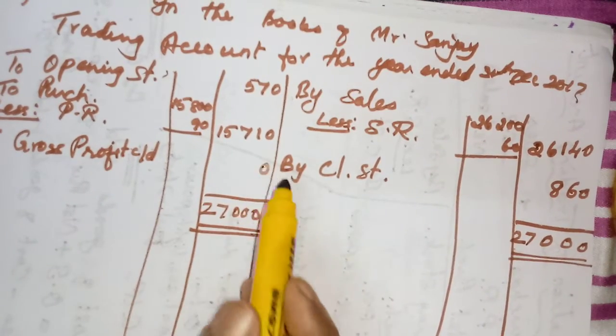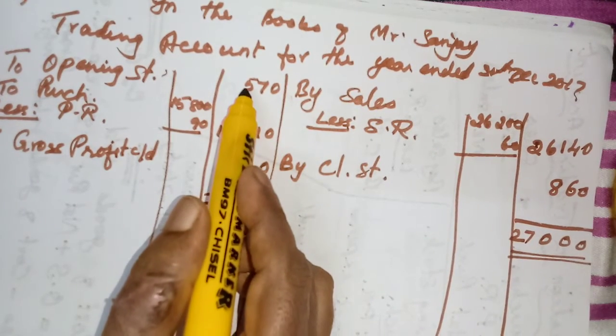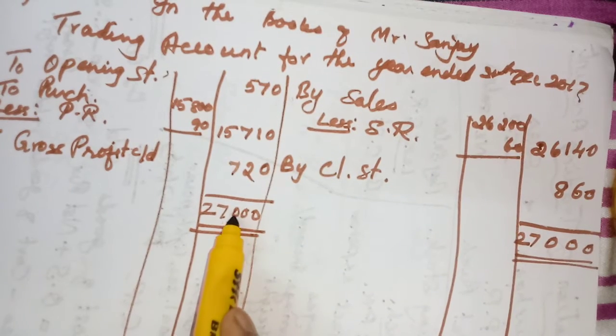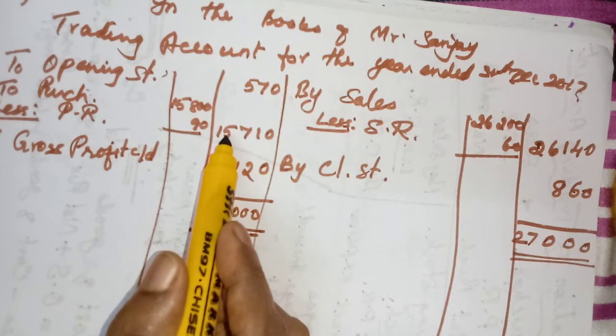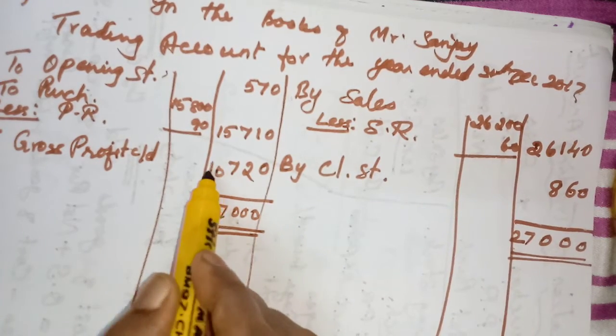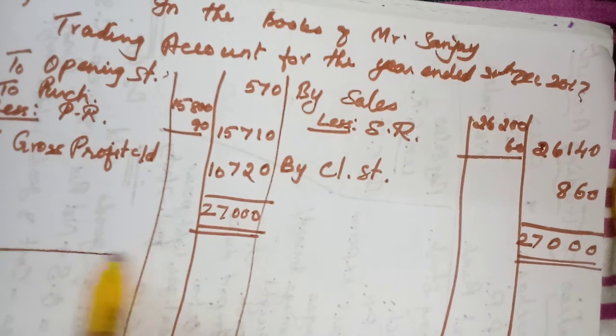Balance and write: 10,720. This is the answer.